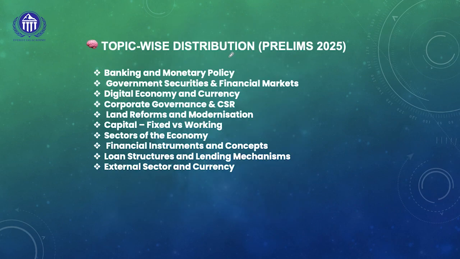If you look at the 2025 preliminary question paper, in banking and monetary policy a lot of questions have been asked, and then government securities and financial market, digital economy and currency concepts, and in the past they have asked questions on the CSIR concept, land reforms, capital, especially fixed capital and working capital, sectors of economy, primary, secondary, tertiary basic concepts, financial instruments, especially on the money market and capital market, and the external sector. Here you need to give maximum weightage to the BOP component. You need to have good clarity here, questions will be asked.